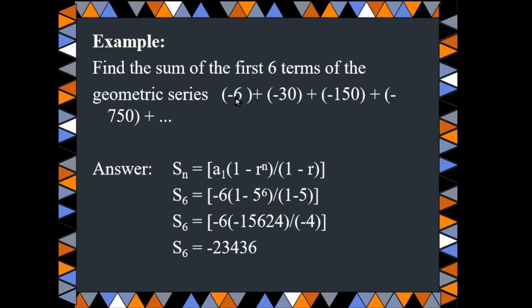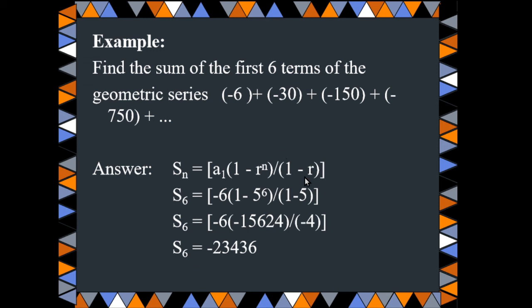The common ratio is found by dividing the second term by the first term, or negative 30 divided by negative 6, so r is equal to 5. Then negative 6 times the quantity 1 minus 5 raised to 6, over 1 minus 5. That is negative 6 times negative 15,624 divided by negative 4.